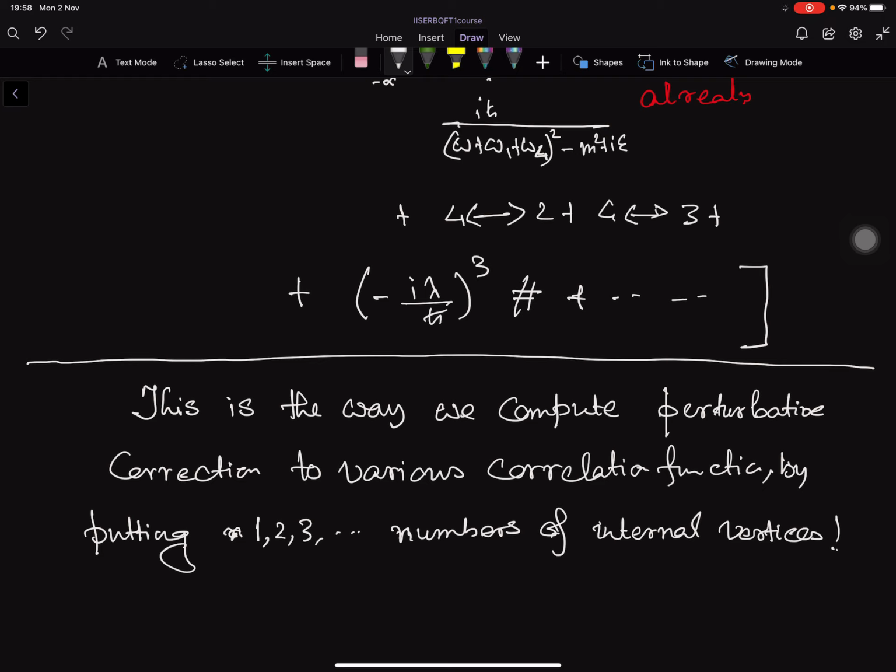Okay, so this is the way we will do the computation, and one can also analogously do computations in 3+1 dimensions, which we will briefly discuss later.